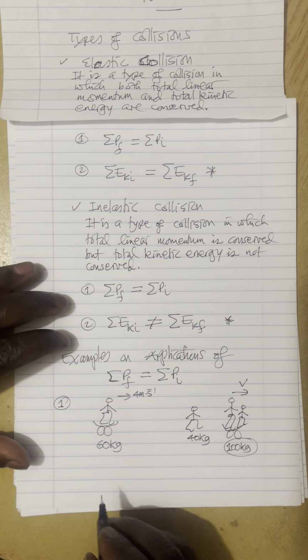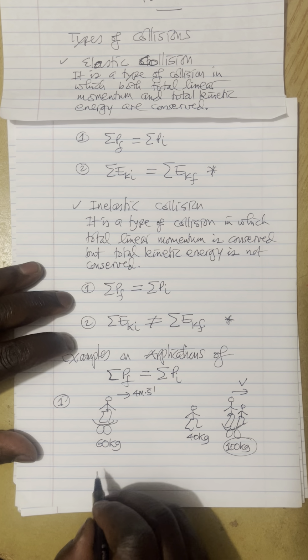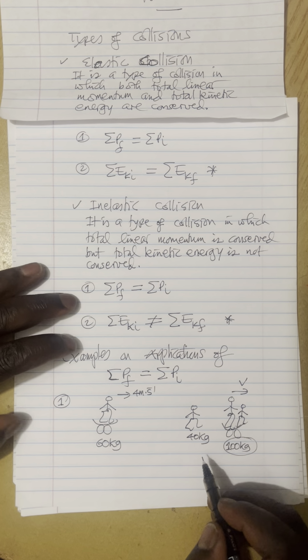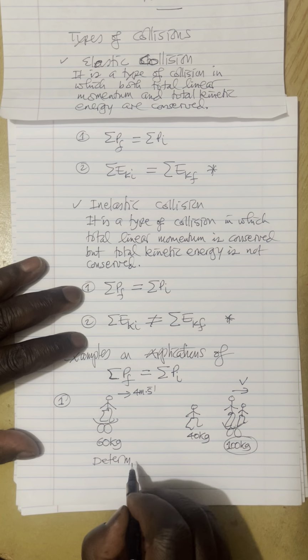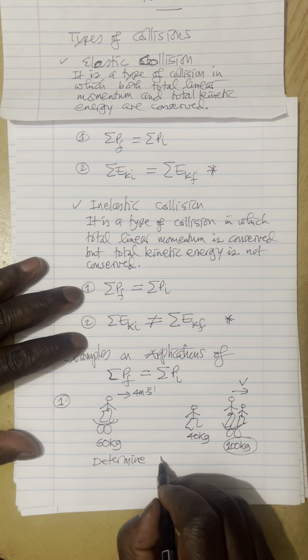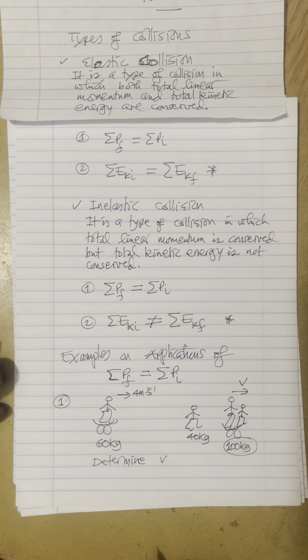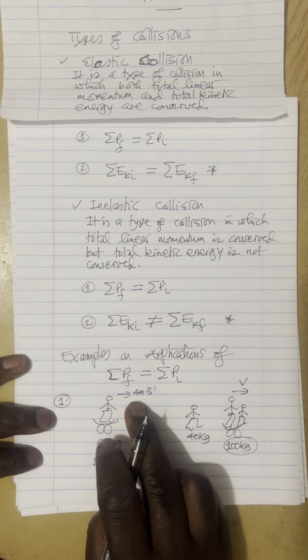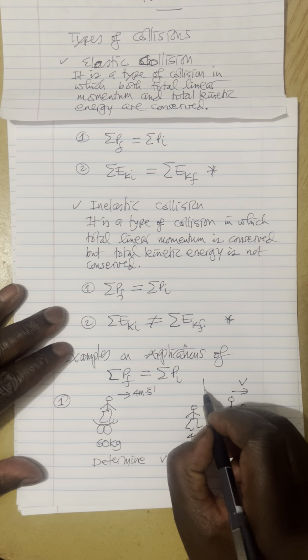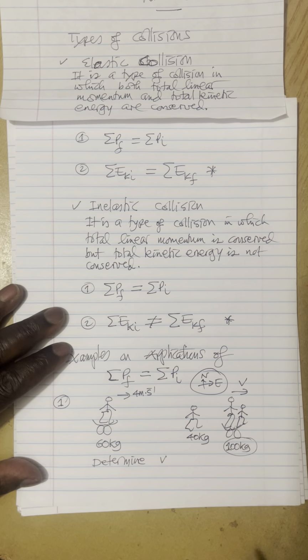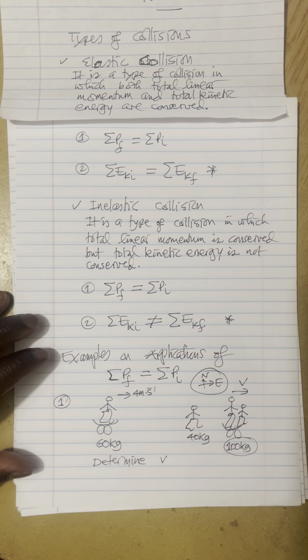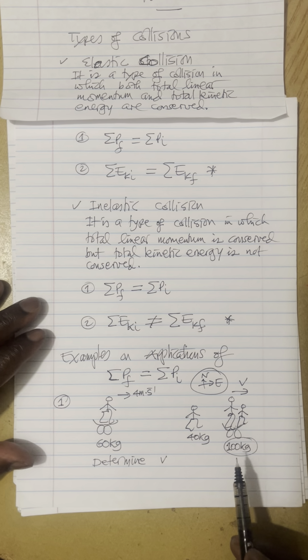The question is, determine the speed, determine v. So we're saying Andrew is moving east. If I put the compass there, north, east, Andrew is moving east on a skateboard at 4 meters per second.